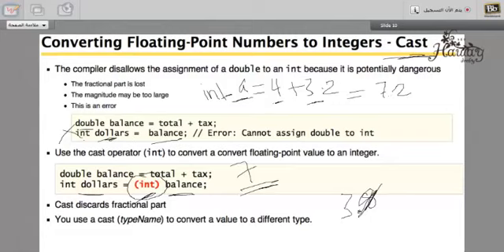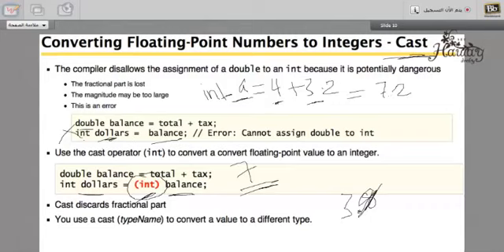Similarly, if it's a double and a double, also the result has to be a double, right? Now, what if you actually want the result to be an integer? You're having an integer and a double, but you want the result to be an integer. Now you're going to have to do a conversion.